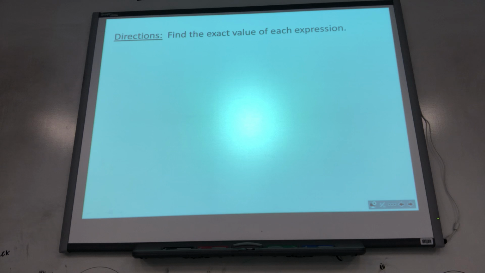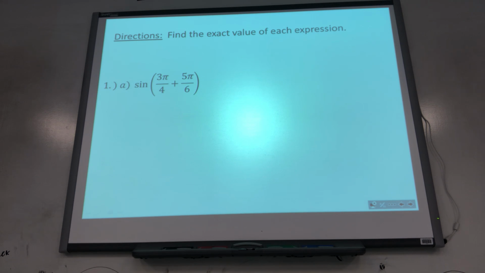First set of directions says, find the exact value of each expression. Find the exact value. So we're not just typing this in to a calculator. We're going to actually figure out what it is exactly.